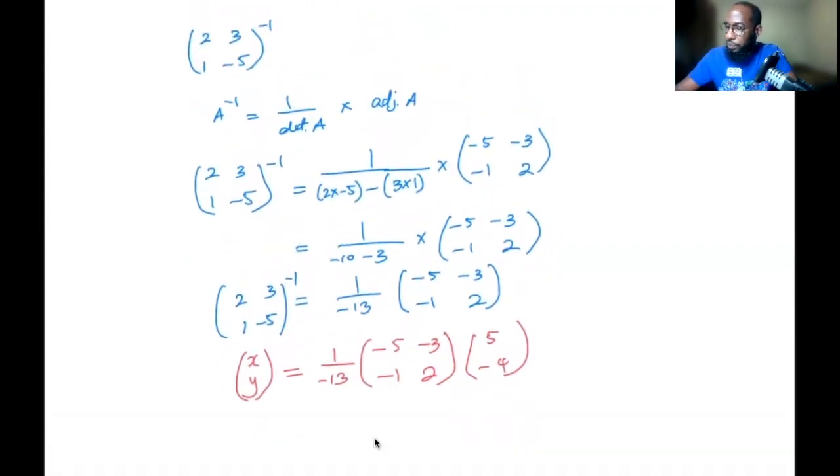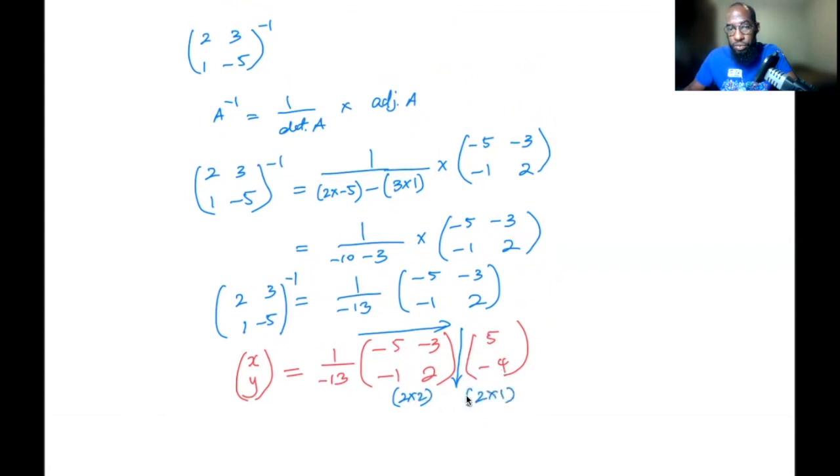Now, realize I ran out of room. I'm going to multiply these two here. So row by column. This here is a 2 by 2 matrix, and this here is a 2 by 1, so this here is a 2 by 1 matrix.